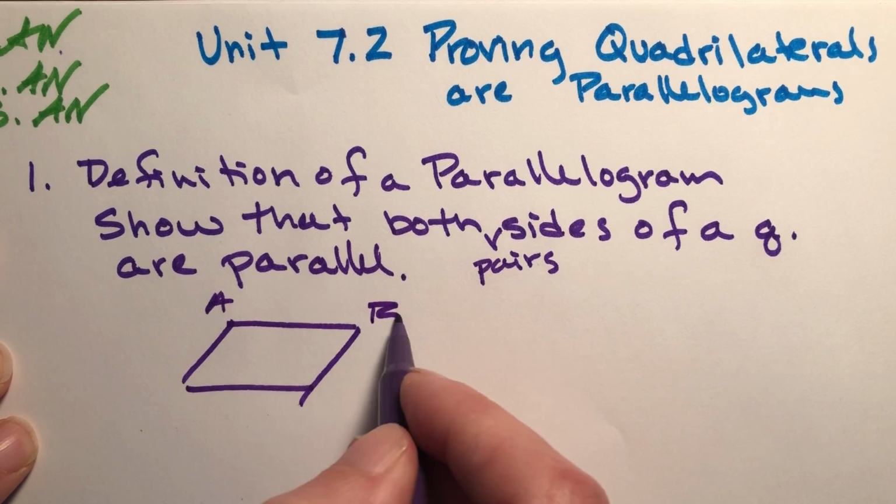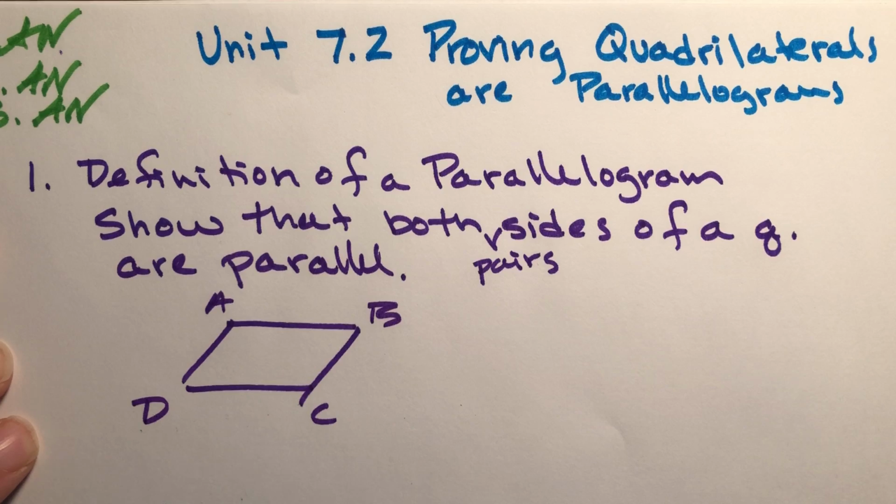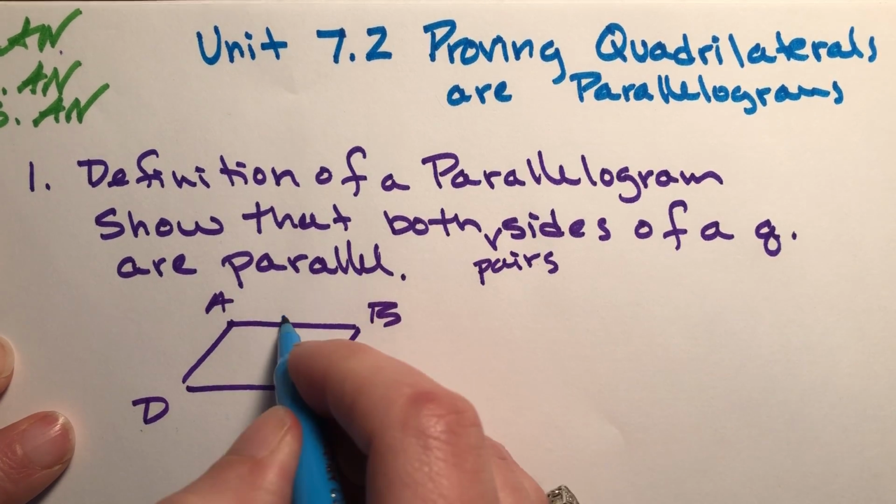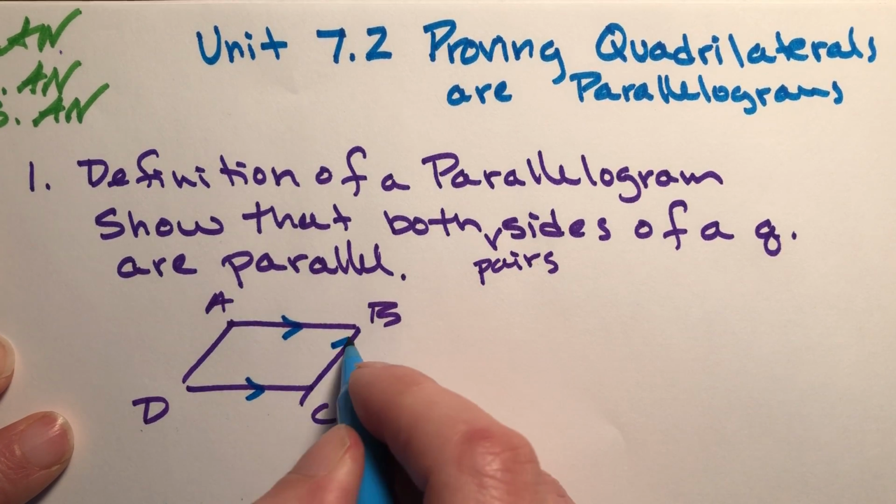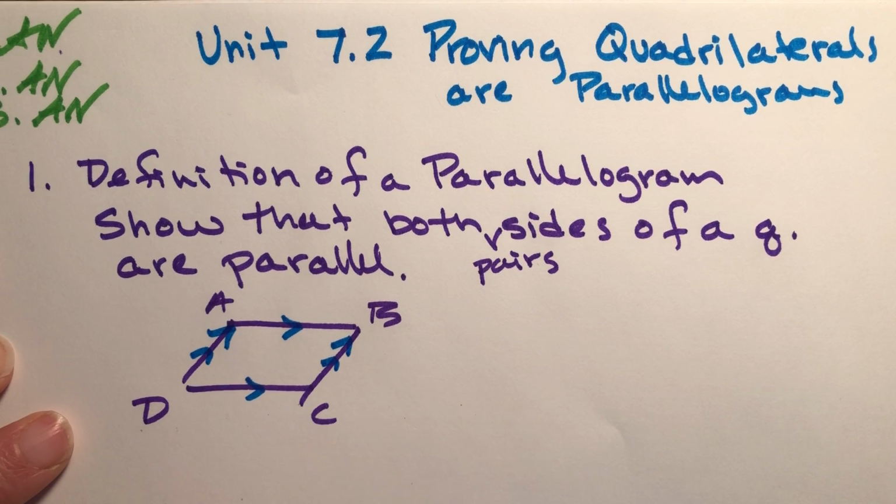Okay, A, B, C, D. So if we can show that AB is parallel to DC and that BC is parallel to AD, then we know it's a parallelogram.